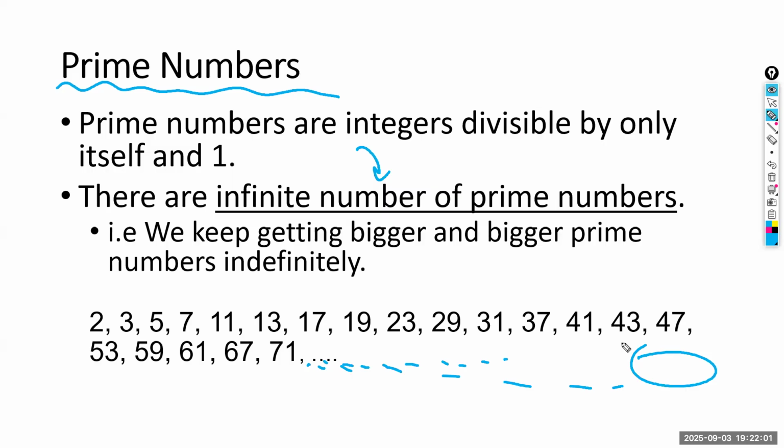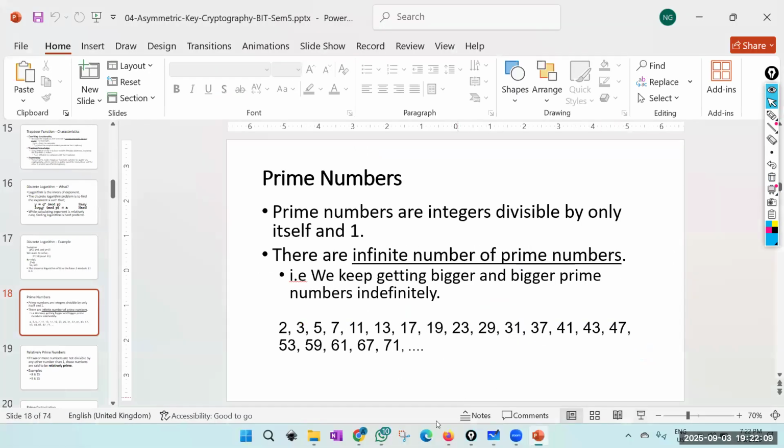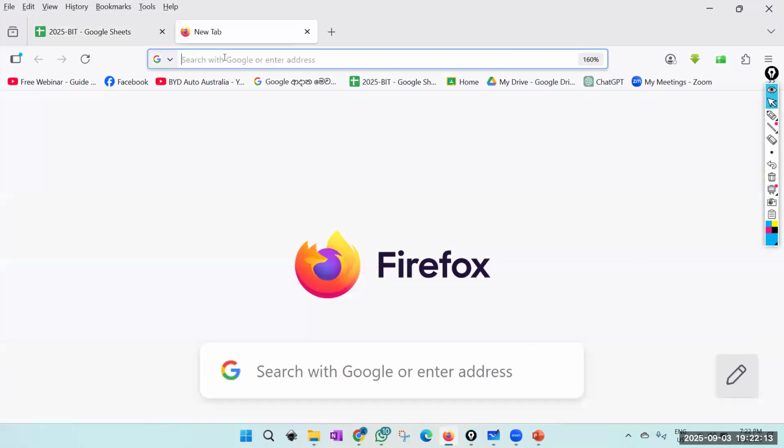I think the last prime number was found about 3 or 4 years ago, and a lot of computing power is required. There are universities still looking for even bigger prime numbers.